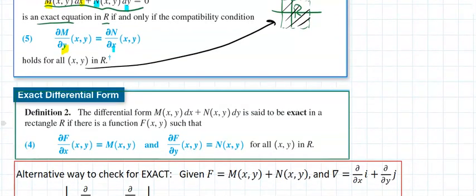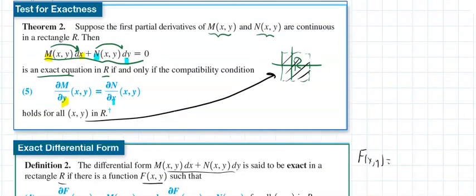Definition 2: the differential equation M times dx plus N times dy is said to be exact in a rectangle R if there is a function f such that when I take the partial of this f with respect to x, I'll get M, and when I take the partial of f with respect to y, I'll get N. So basically, it's saying I could find f of x, y such that if I take the partial of f with respect to x, I will get that piece, and if I take the partial with respect to y, I'll get that piece.